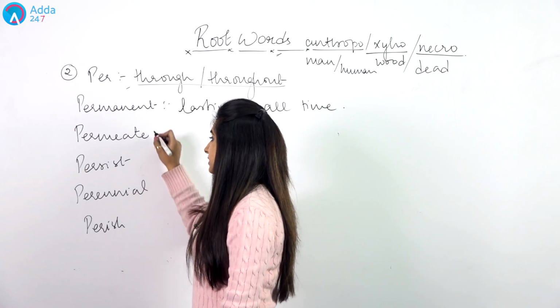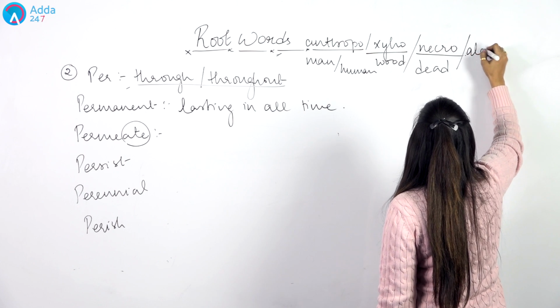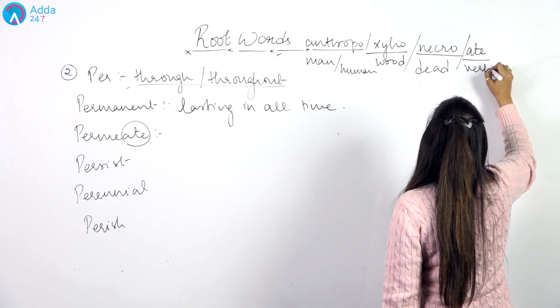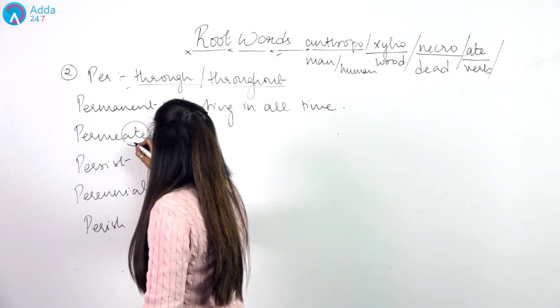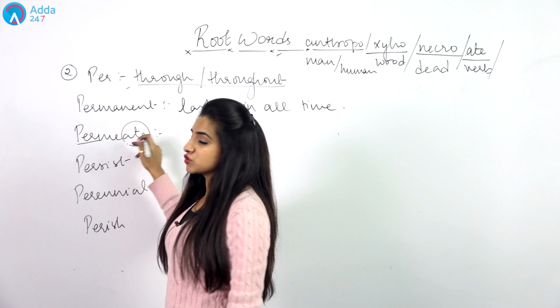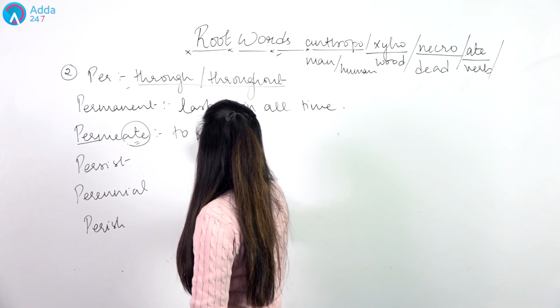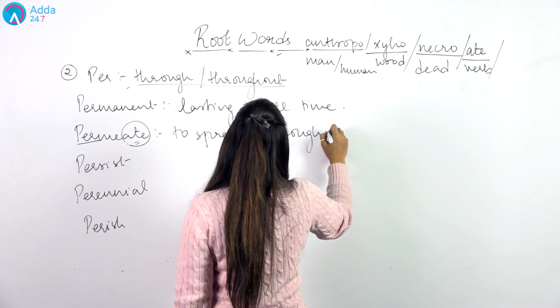Next is permeate. Again, you have the word ate written over here. And I have already told you when a word ends with ate, it is always treated as a verb. When I say permeate, per defines through or throughout and ate defines verb. So, permeate is nothing but to spread throughout.